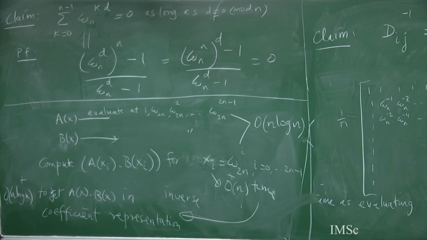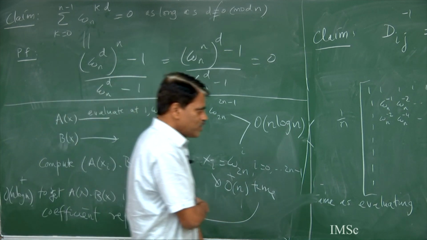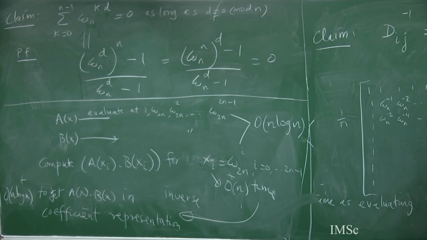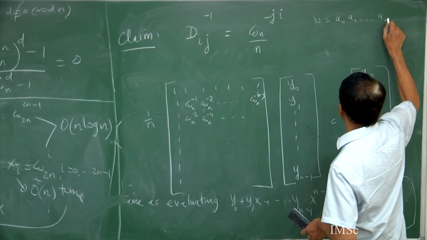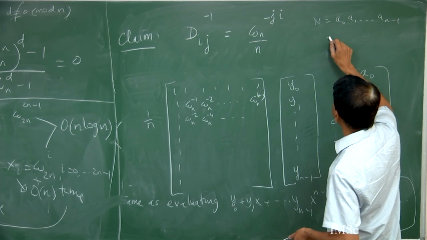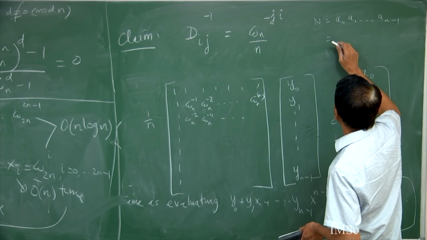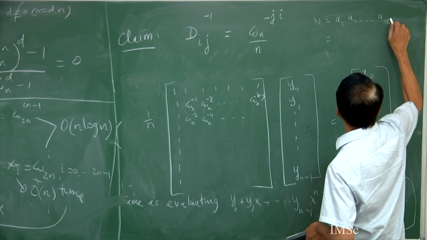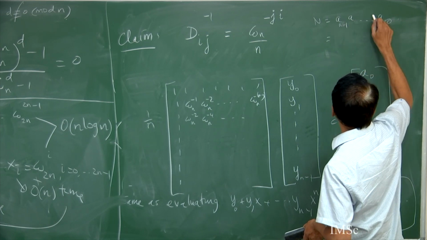So this has a lot of other applications. For example, you can imagine multiplying two integers, two n-digit numbers, as evaluating a polynomial, right? Because if you have a number, which is in decimal, you have written it as a0 to an minus 1. What is the value of the number? Maybe I put a0 here and an minus 1 here.